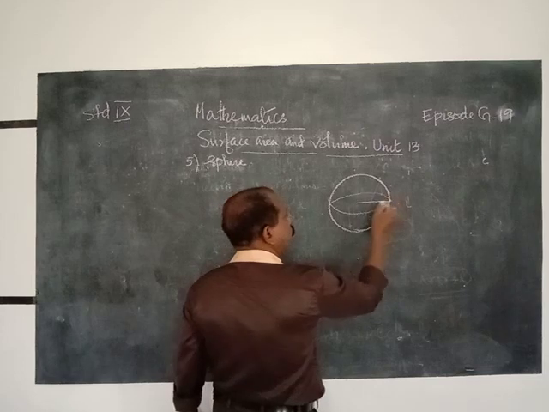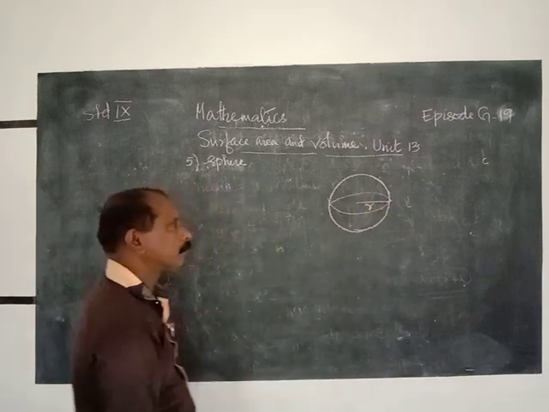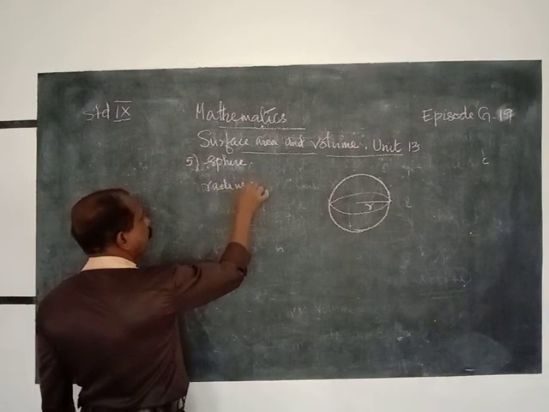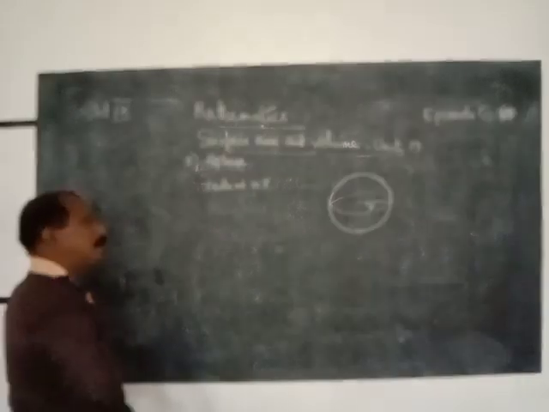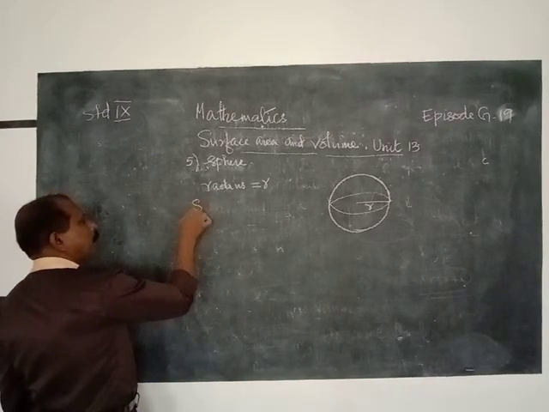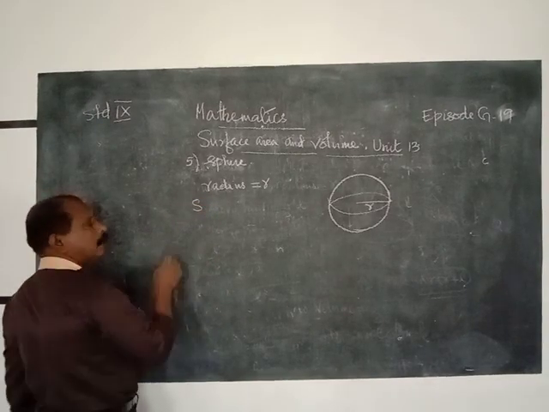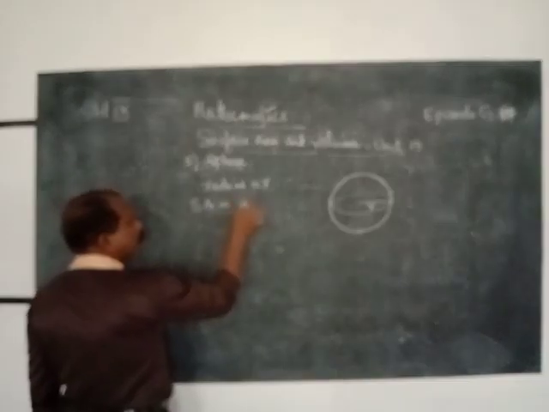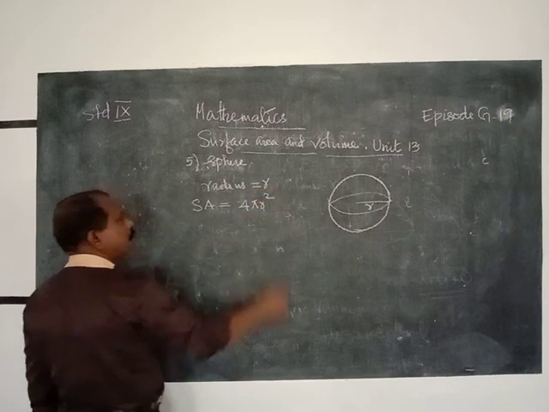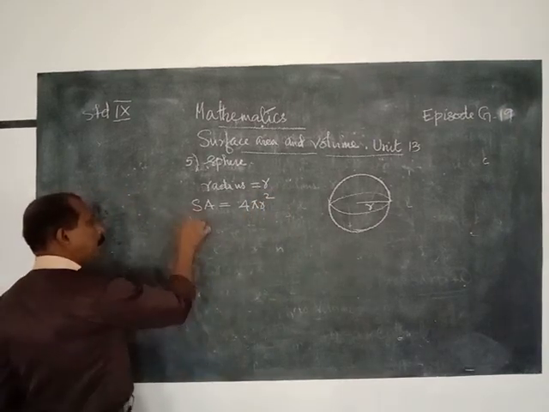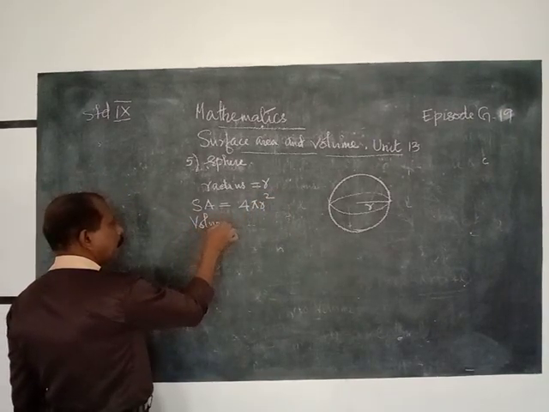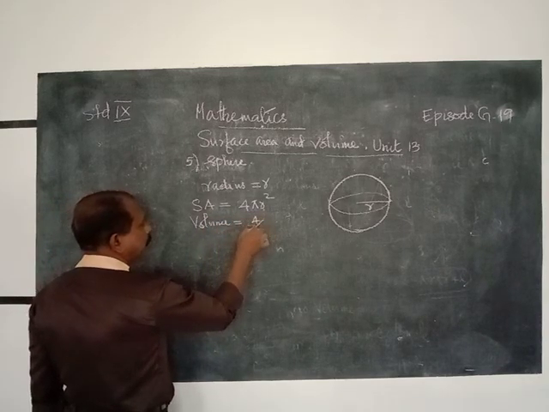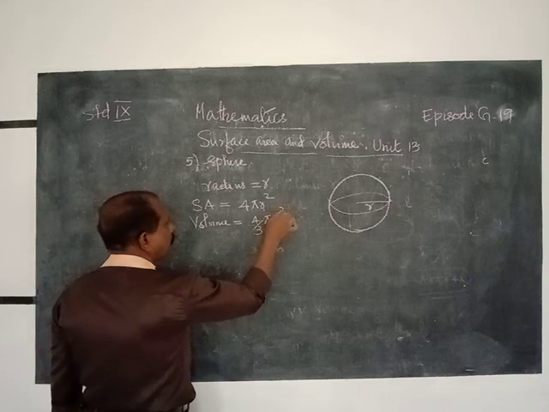Then always there is only one measure, it is radius. Only one surface for a sphere. Surface area is equal to 4 pi r square, and volume is equal to 4/3 pi r cube.